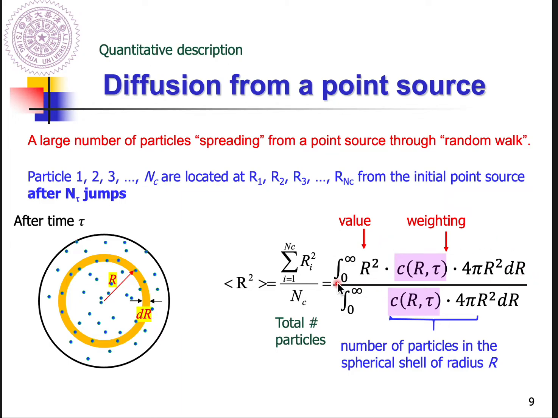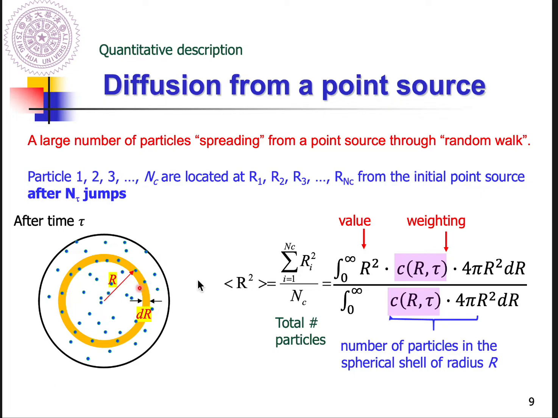And the upper portion would be what? What you need to do is take R1 squared times the number of particles at R1, far away from the initial point source at R1, plus R2 squared times the number of atoms located at R2 from the initial point.